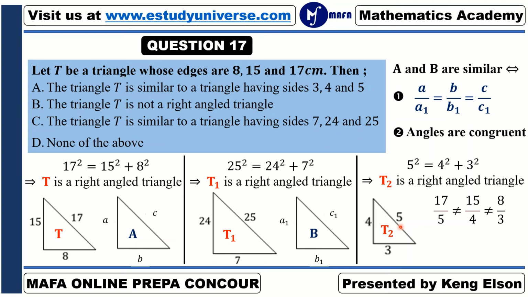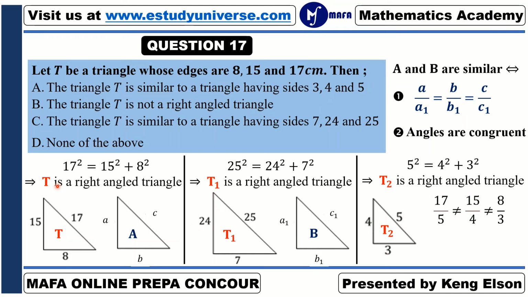Is 17 divided by 5 equal to 15 divided by 4, and equal to 8 divided by 3? You see they are not equal, because 17 divided by 5 is 3.4, 15 divided by 4 is 3.75, and 8 divided by 3 is 2.66. So they are unequal. Therefore option A is wrong, which is saying that the triangle T is similar to T2.